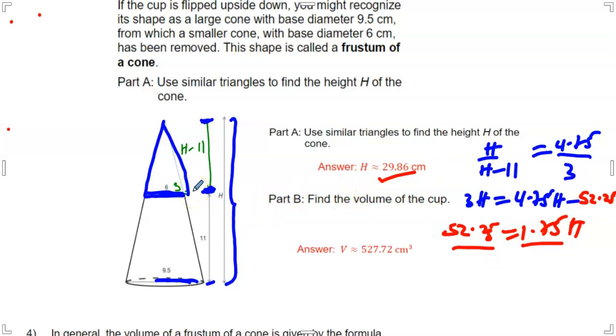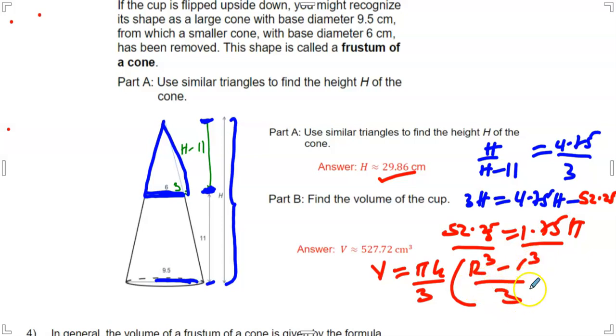Now we want to find the volume of the cup. That is, we want to find the volume of the frustum. The volume of the frustum, we can calculate as pi h over 3 times the bigger radius cubed minus the smaller one cubed, all over 3.